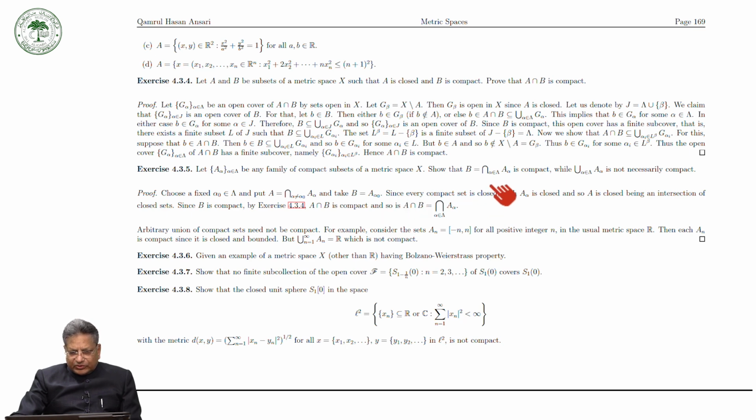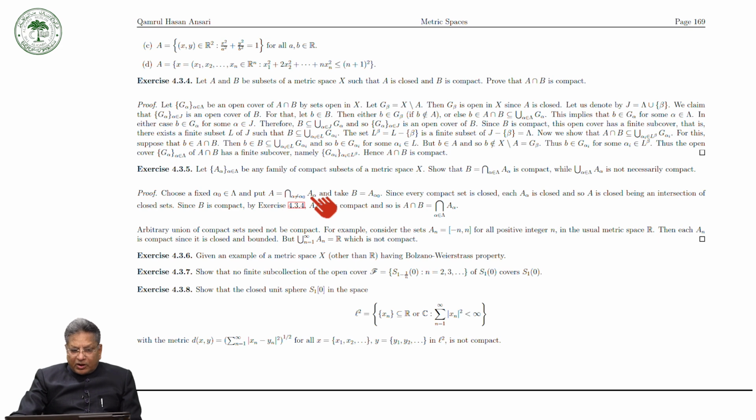So here is what we are doing: because this is the intersection, we can take one alpha naught outside, and the rest of the things are A. What we take outside is equal to B, so B is your compact set, which is A alpha naught.